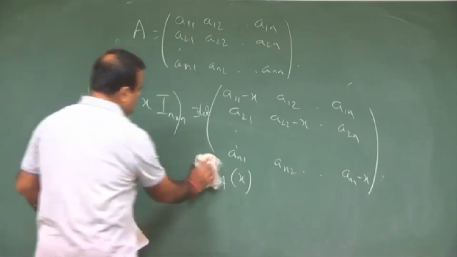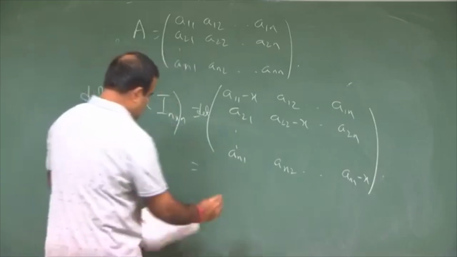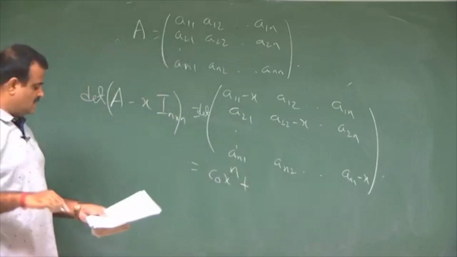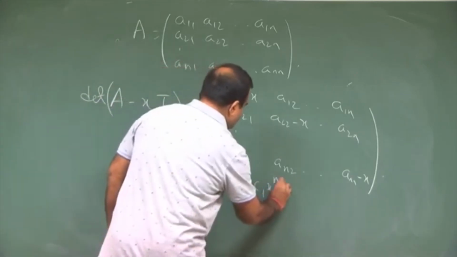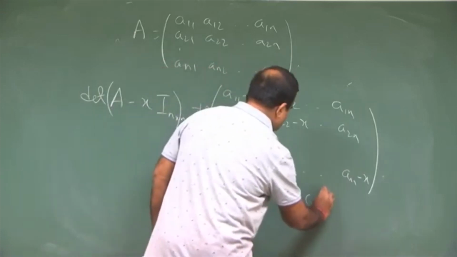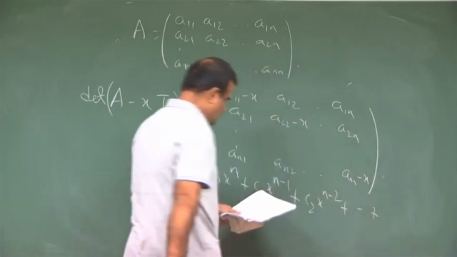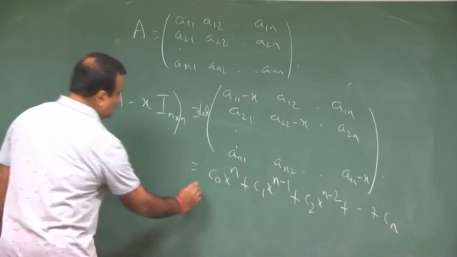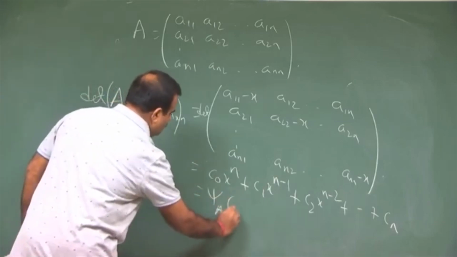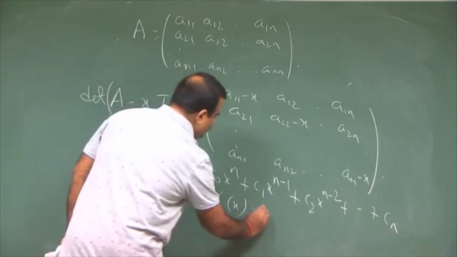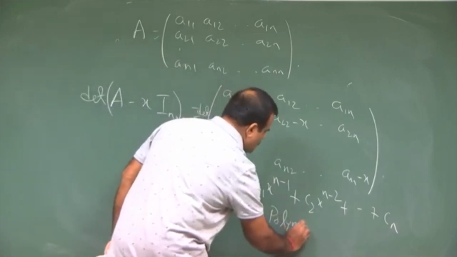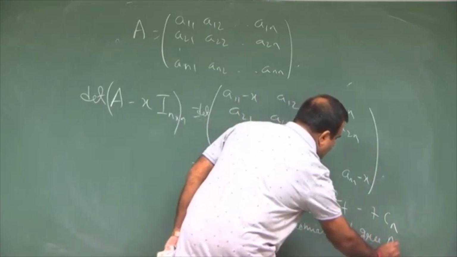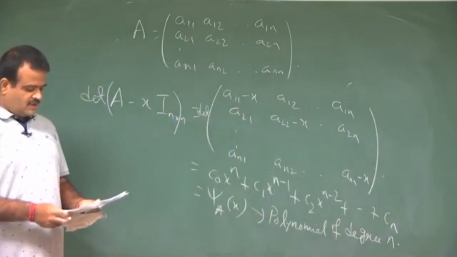This is something like c0 x to the power n plus c1 x to the power n minus 1 plus c2 x to the power n minus 2 plus dot dot dot plus cn, where c0 is minus 1 to the power n. This is a polynomial of degree n.